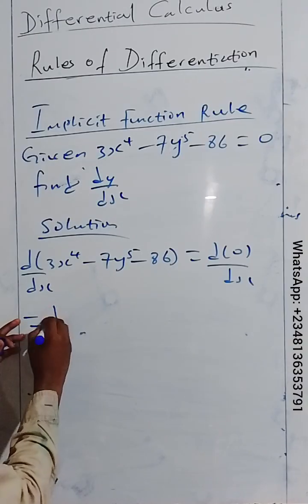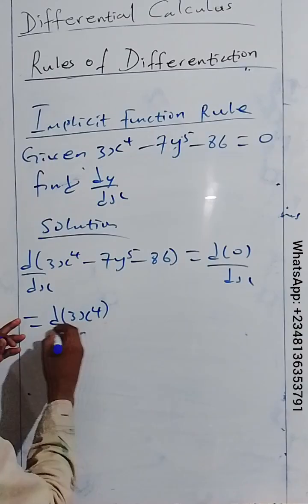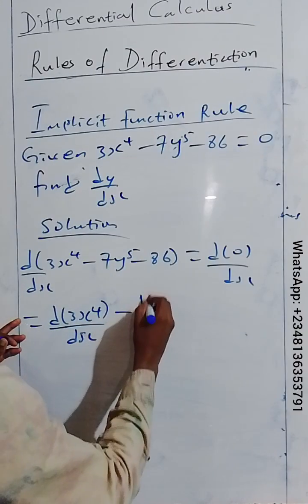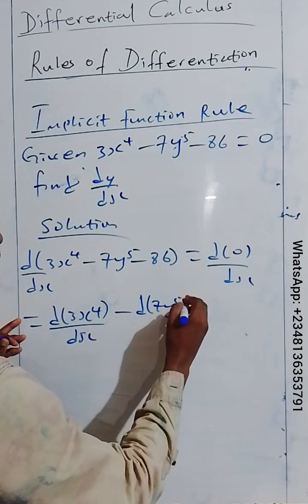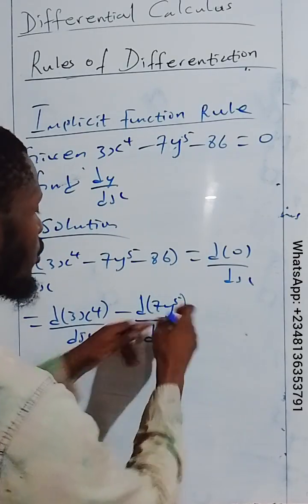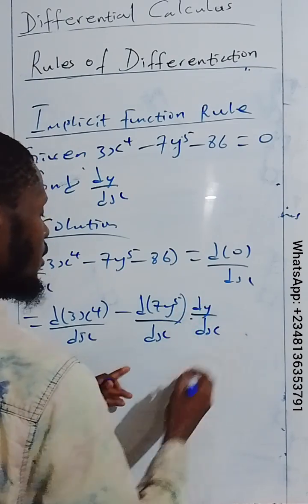When we distribute, we have d of 3x raised to the power 4 over dx, then minus d of 7y raised to the power 5 over dx. Don't forget this one carries y, so we multiply by dy/dx.